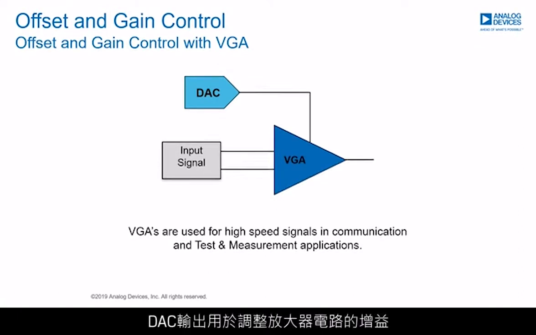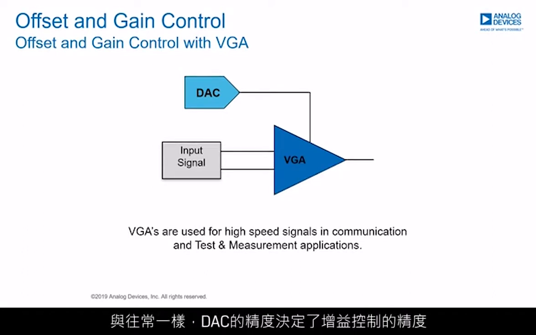The DAC output is just to adjust the gain of the amplifier circuit and so the primary signal passing through. The DAC sets the voltage level on the gain pin of a VGA. The DAC can be used in conjunction with a resistor network to increase the precision of the gain adjustment. As always, the accuracy of the DAC determines the accuracy of the gain control.